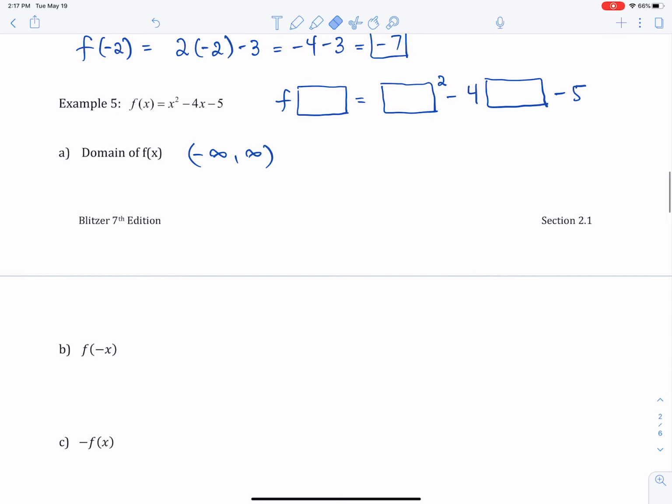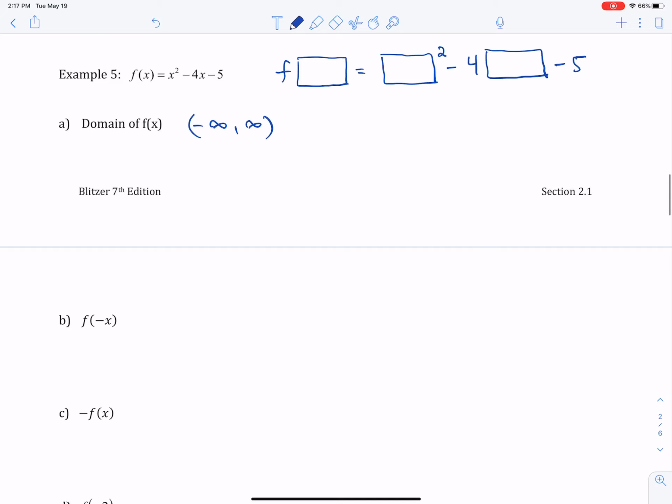All right, so we're going to f of negative x. So again, we're going to put negative x in our box and see what the result is. F of negative x is going to be negative x squared. Notice that I'm putting parentheses around negative x because the negative sign is also squared, minus 4 times negative x minus 5.